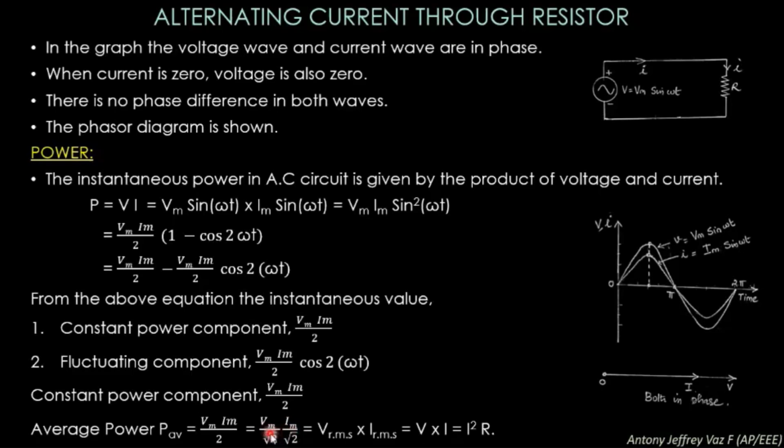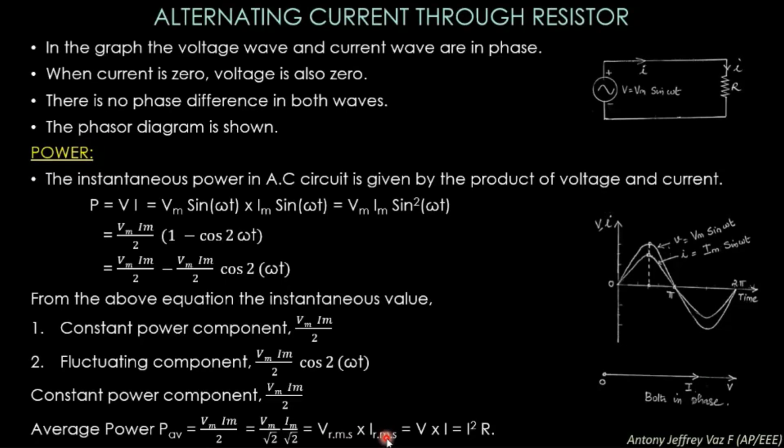If you divide the maximum value by root 2, then you get Vrms. Similarly, if you divide the maximum current by root 2, you will get Irms. So the AC power, that is the average power, is nothing but the RMS value of voltage times the RMS value of current.